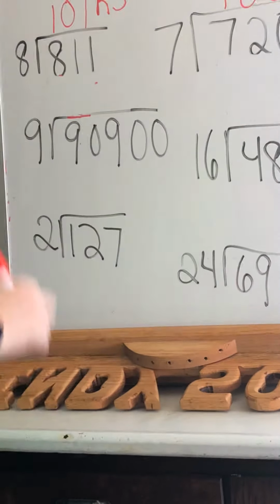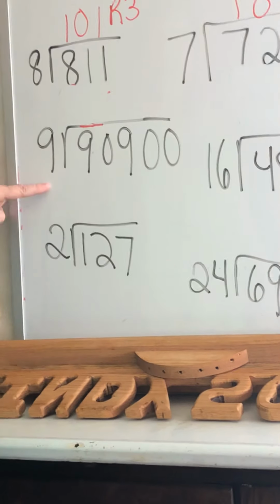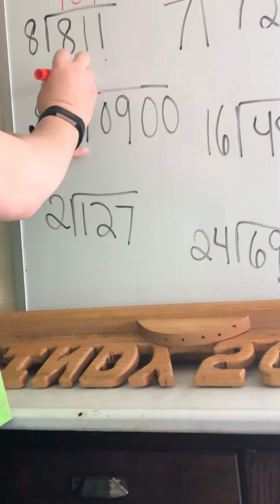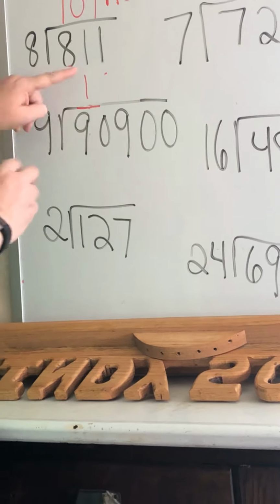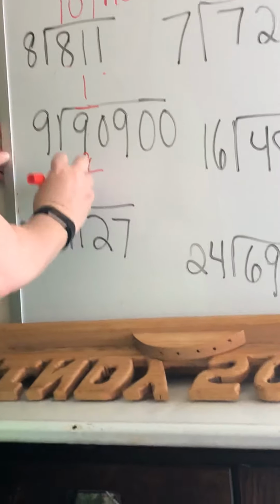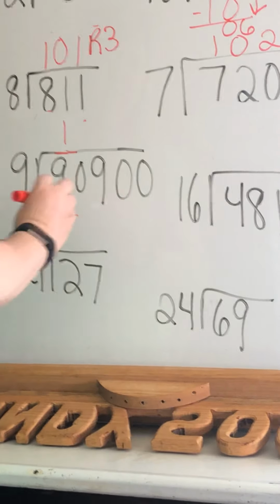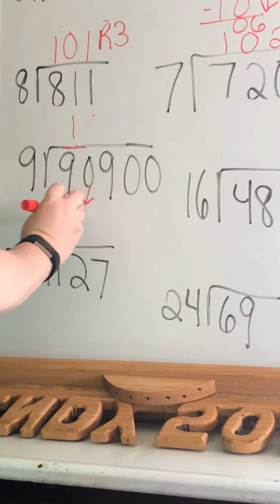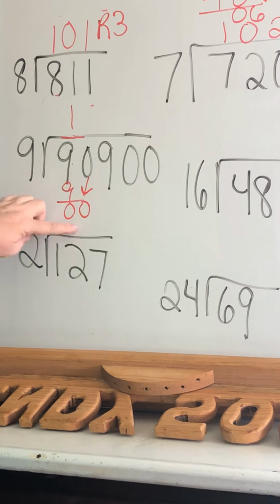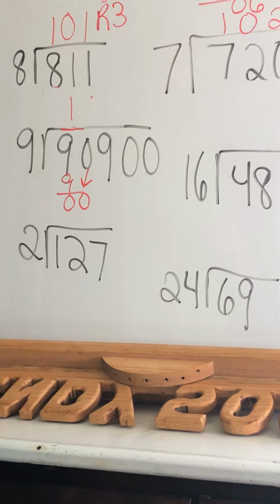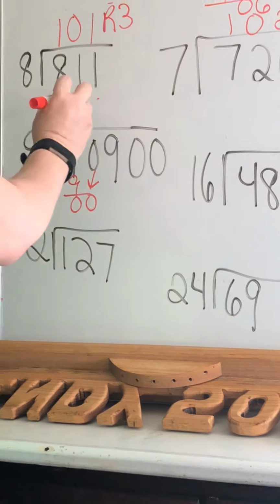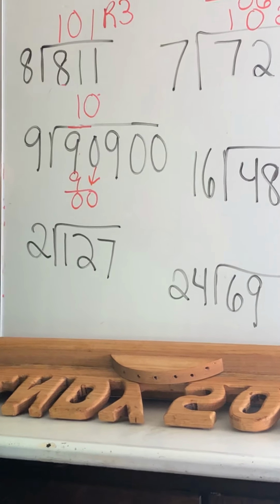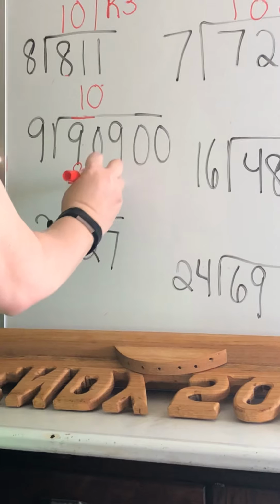Next, we got a long one here. 9 can go into 9 one time. 9 times 1 is 9, so we have nothing left over. Pull down that 0. Well, 9 cannot go into 0, so what are we going to do? We're going to go ahead and put a 0 right here. We're going to pull down that 9.